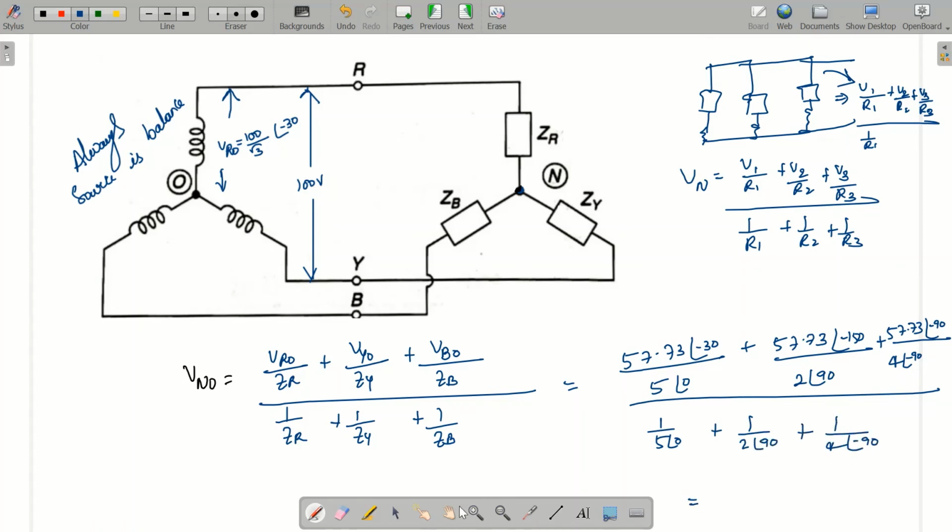How much will you get? You solve the value, you will get 84.132 at an angle of minus 174.99.